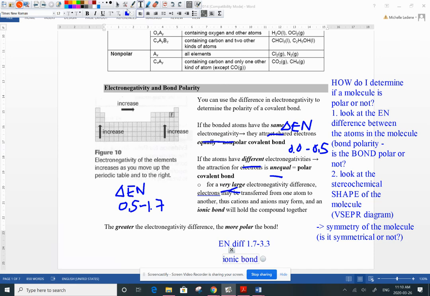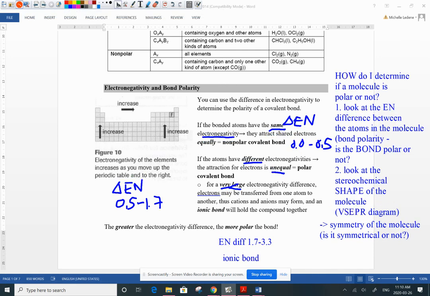Typically, we're going to have a metal and a non-metal in that compound. But you're going to find even some covalent molecular compounds that have a really big electronegativity difference, and so they behave like ionic compounds because there's such an inequality in electronegativity values between the two different atoms.